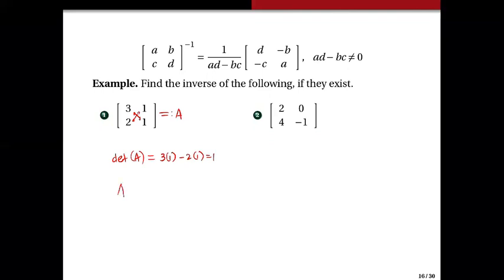And therefore, A inverse is 1 over 1 times the matrix where you interchange the diagonal entries. You have 1 and 3 in here. And then you negate the other 2 entries. So negative 1, negative 2 in here. And of course, 1 over 1 is just 1. So you have negative 2, negative 2 here, and then 3 there. So this is the inverse of A.